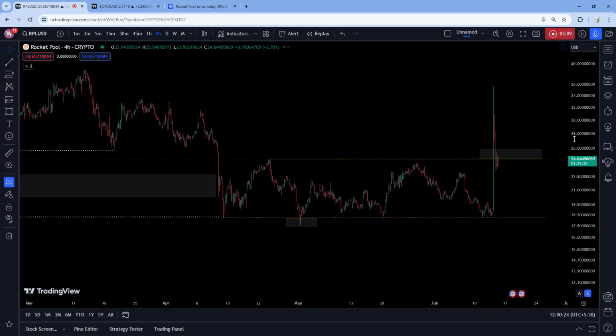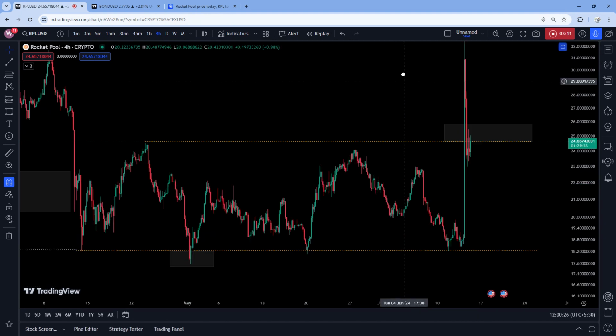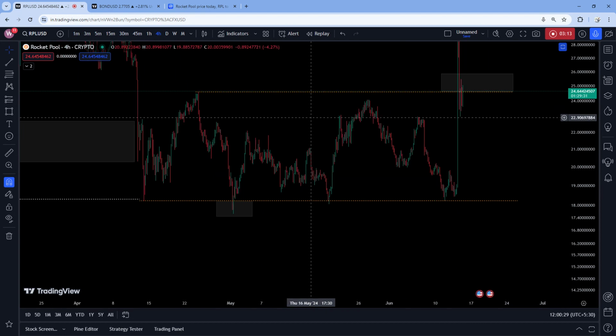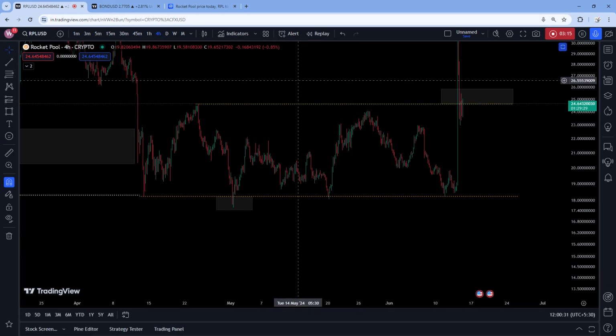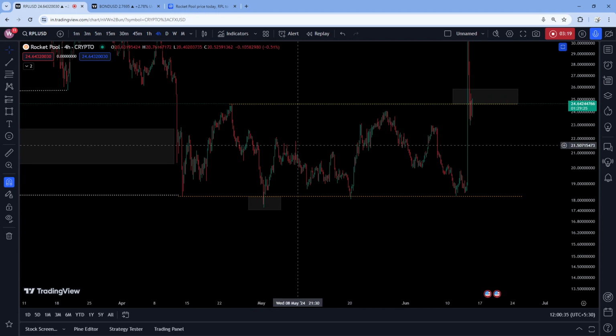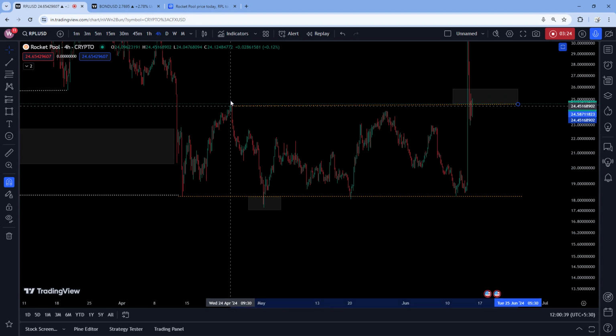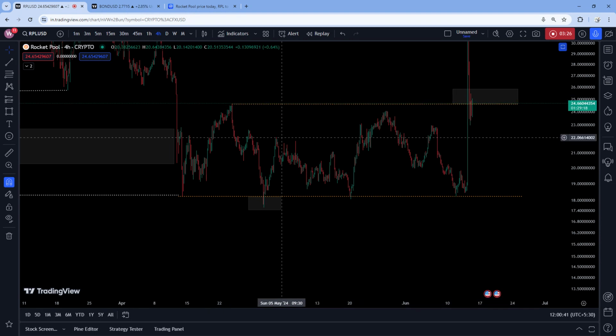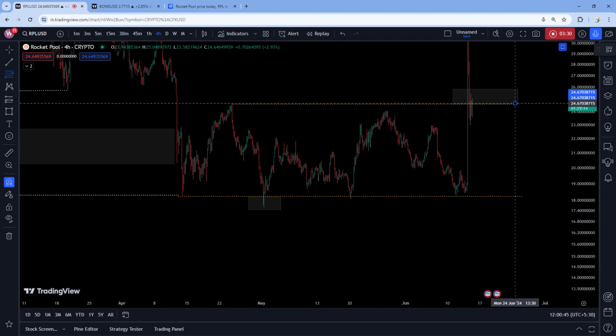And dropping to the 4-hour time frame. Inside this range, after taking the liquidity on the bottom side, we had multiple attempts to take out the liquidity in the opposite direction. Break it down into two parts.